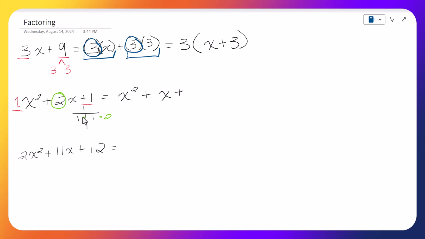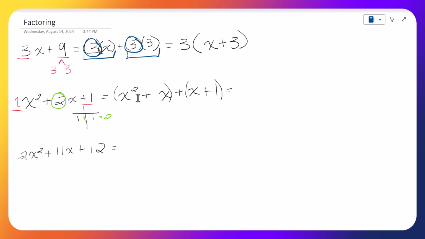Plus x plus 1. This is a sort of bad example to do grouping on, but now we're going to look at this expression here, and we're going to group our first 2 terms and our last 2 terms, and we're going to see, do either of these have a greatest common factor?